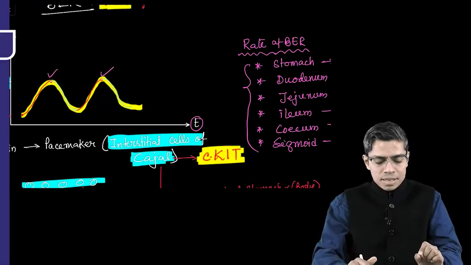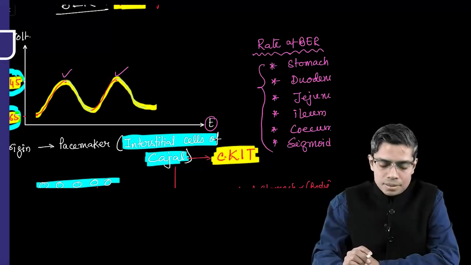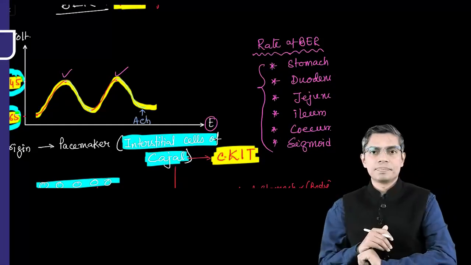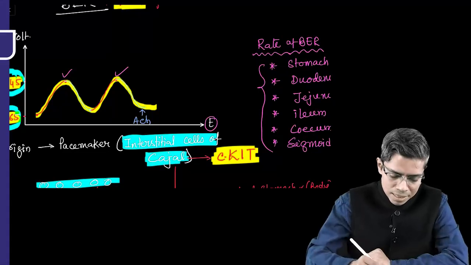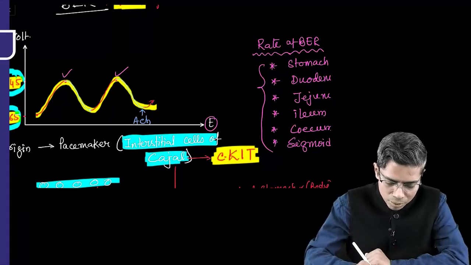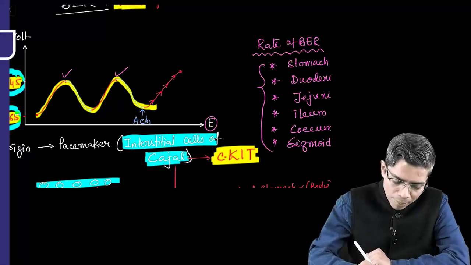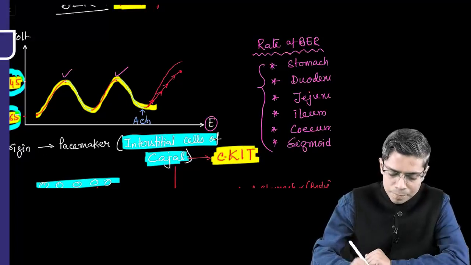But suppose there is a certain kind of stimulation. For example, if I give a little bit of acetylcholine, what will happen? This BER will rise, and then it will go above minus 45 millivolts.